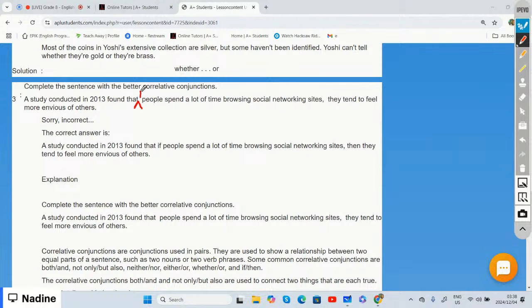If people spend a lot of time browsing social networking sites, then they tend to feel more envious of others, because you are now comparing. You are looking at a life, and you want that other life.